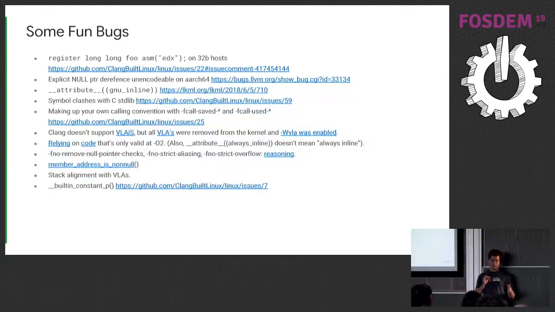Single symbol clashes with the C standard library: if you were to include stdio.h or something, the kernel itself doesn't have a C runtime. It implements its own helper functions, and then there were collisions there. Custom calling conventions. VLAs, which are variable length arrays, and you can also put a variable length array in the middle of a struct, not at the end of a struct, but in the middle, which was an issue.